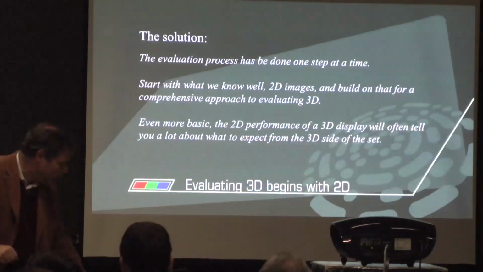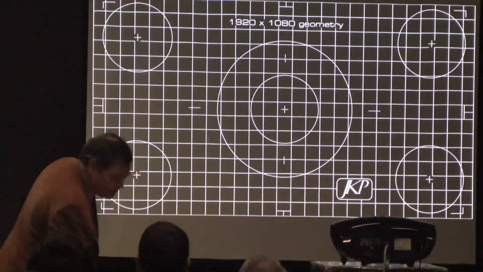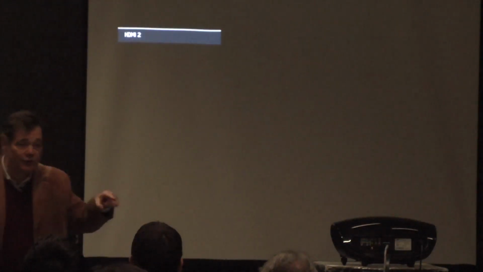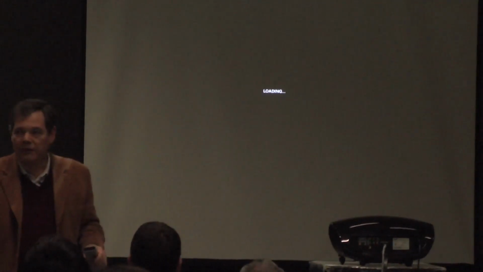So we're going to start with the 2D evaluation, and what I'm going to do is give you an idea. Now, I'm going to pick on the controversy of active versus passive 3D just because that's the biggest controversy in what people are seeing, what they think they're seeing versus what they're really seeing. So I'm going to concentrate on that in particular, but if you have questions on any other part of this, I'm actually happy to take questions as we're progressing through this.